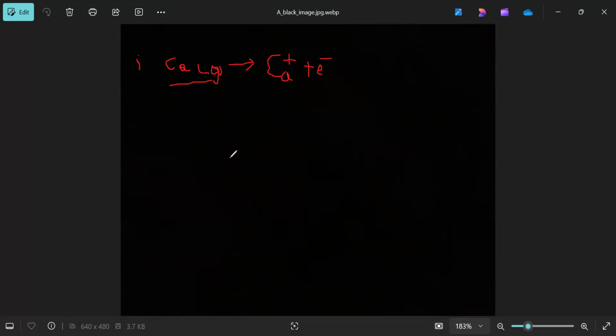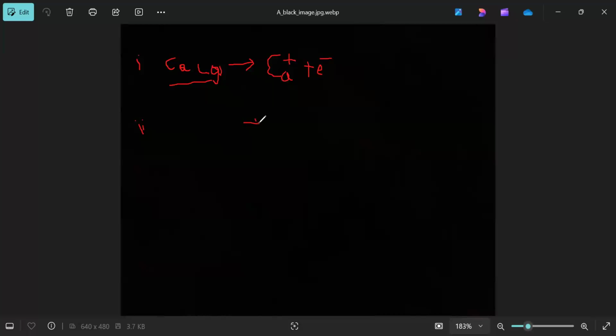Now for the second question, we have the third ionization energy of potassium. If we're talking about third ionization energy, it means that we have taken 3 electrons from the element. There are three steps, but we're just doing the third step, which is the third ionization energy.